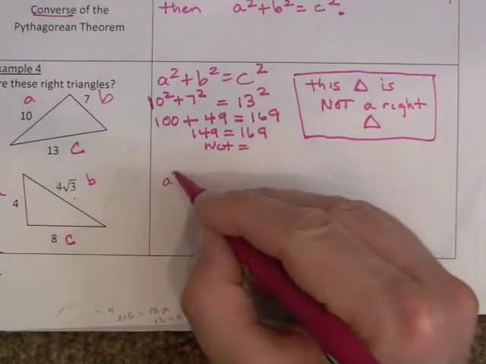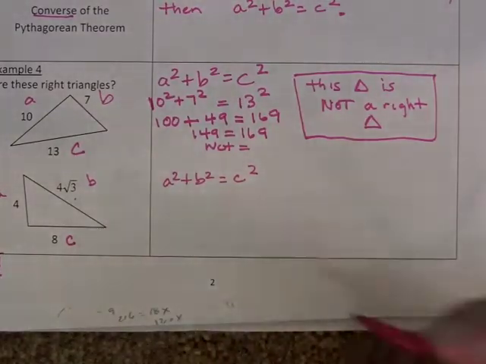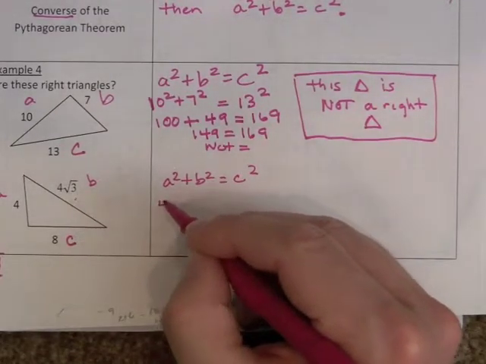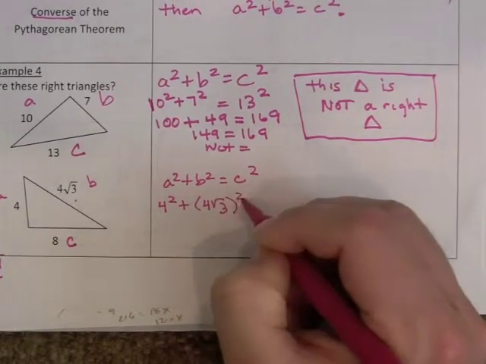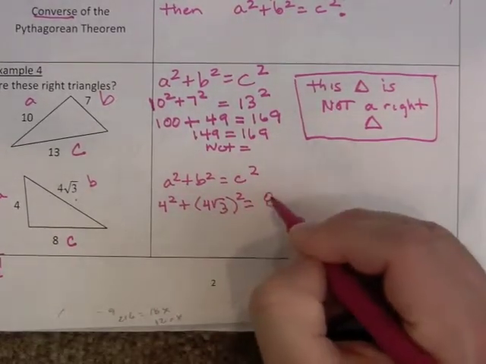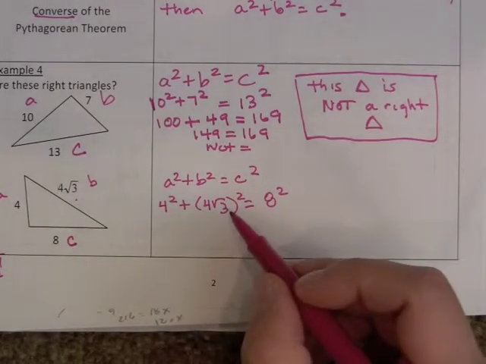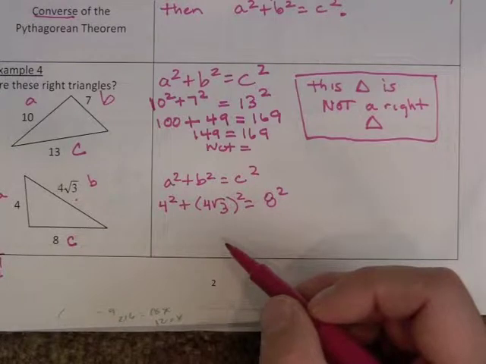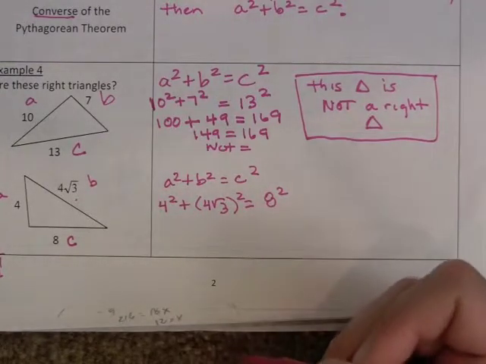Either one could be A and B here. And we're going to do a squared plus b squared equals c squared. So I can do 4 squared plus 4 radical 3 squared equals 8 squared. Now remember, if I do this and I get a true statement, it's a right triangle. If it's not a true statement, then I know it's not a right triangle.